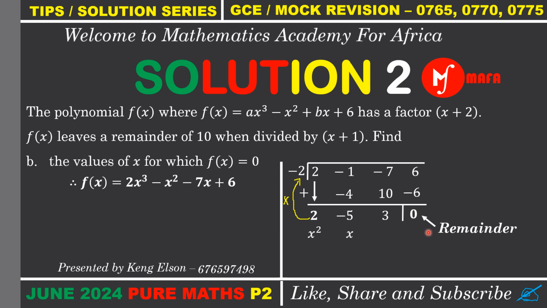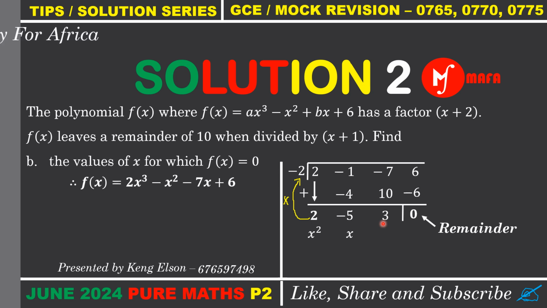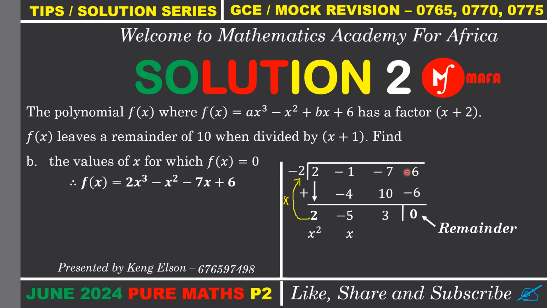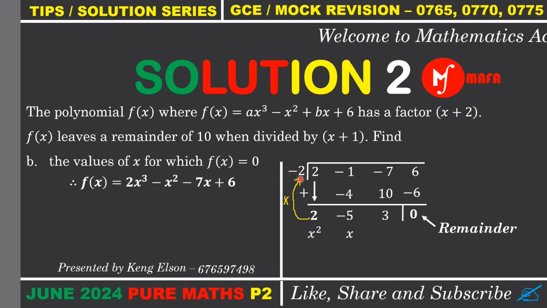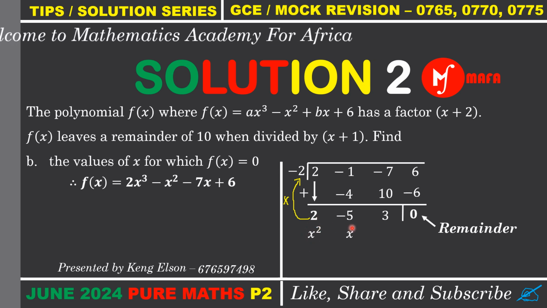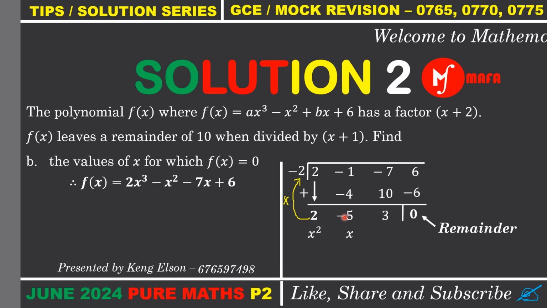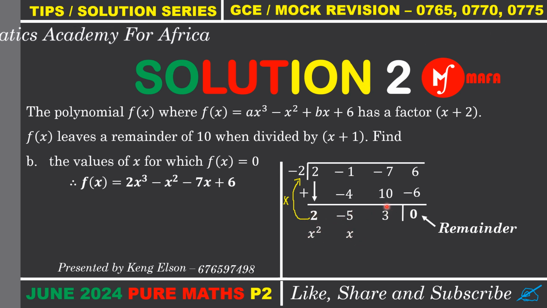Alright. Now, this gives us the coefficient of x squared, the coefficient of x, and a constant in the quotient. Remember that we are dividing a polynomial of degree 3 by a polynomial of degree 1. So the quotient must be a polynomial of degree 2. So basically, the quotient is going to be 2x squared minus 5x plus 3.